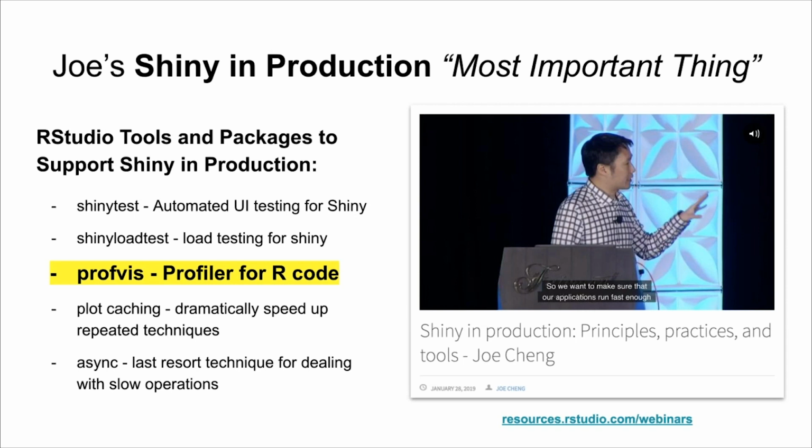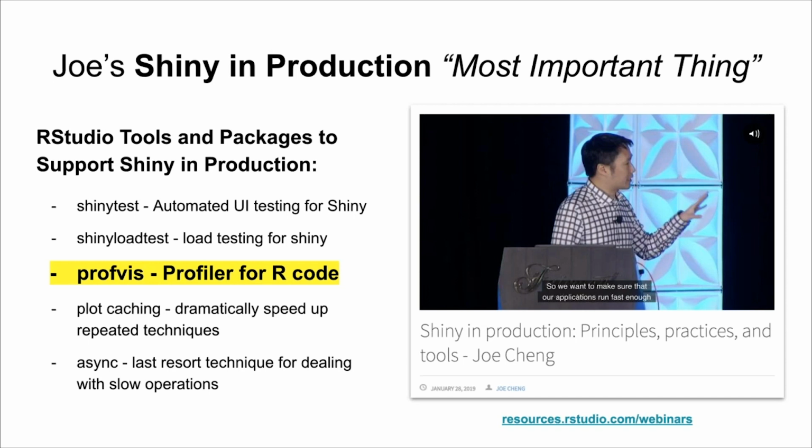This is a general profiler for R code, but it's super important for when you're bringing Shiny applications into production. A lot of prototype applications fall over in production because they contain these performance anti-patterns.